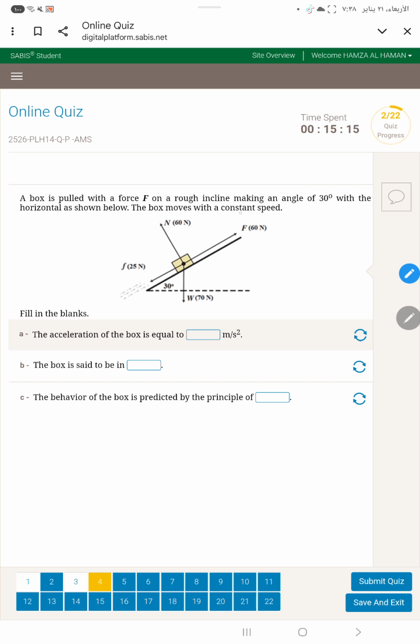So whenever you see constant speed, acceleration is 0. The box is said to be in equilibrium whenever the acceleration is 0, or constant speed, or stationary. The behavior of the box is predicted by the principle of inertia.